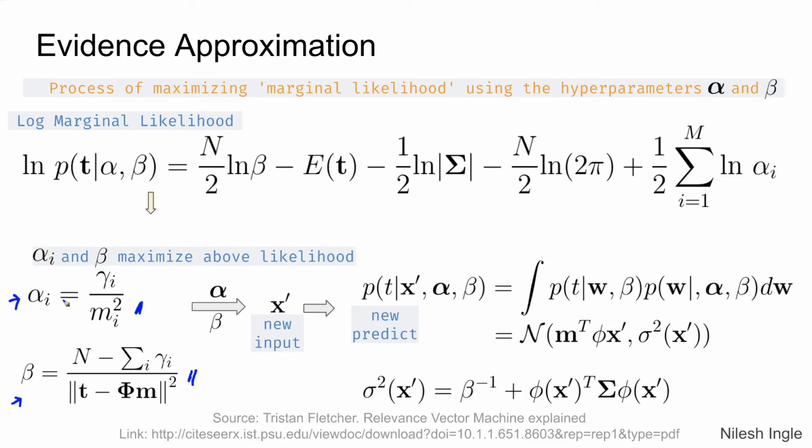That's an iterative process, and once we have the alpha and beta, we can then use that along with a new value for x to predict t, which would be the new prediction. And this prediction will be a distribution. It won't be a single data point, so it's going to be a predictive distribution which is based on these parameters.